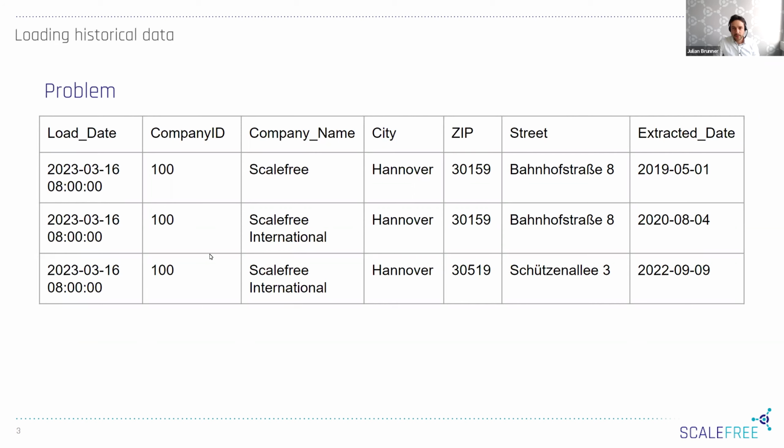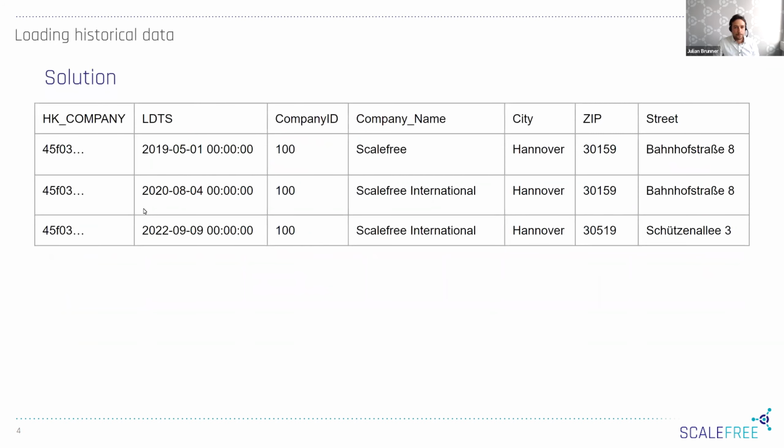So let's see how it will end up in the satellite. Short note here, I left out the hash diff and the record source for easiness. But as you can see, we used only the date part from the extracted date, and the time part we set to midnight.